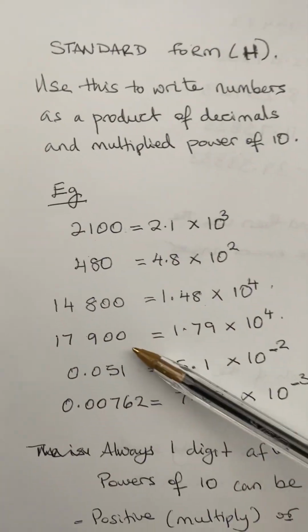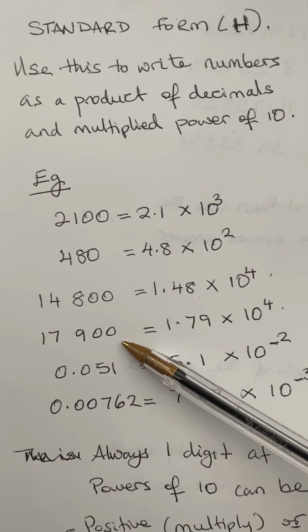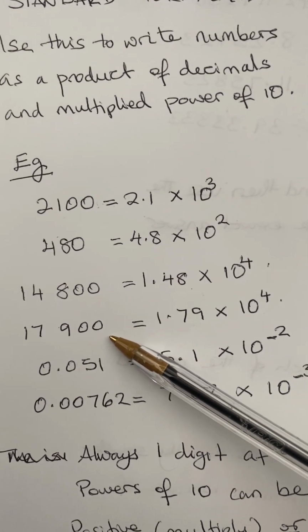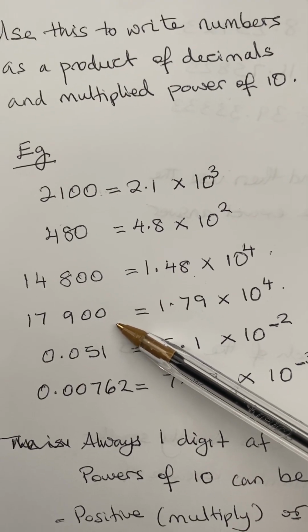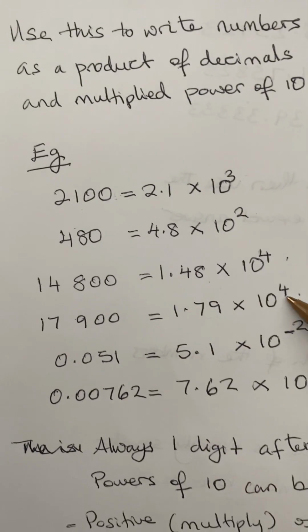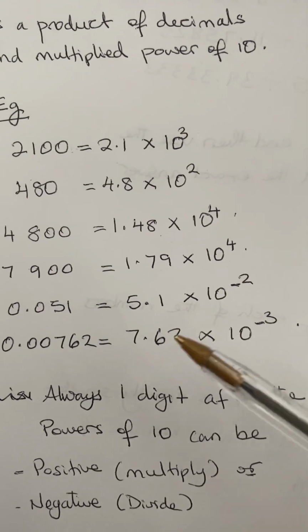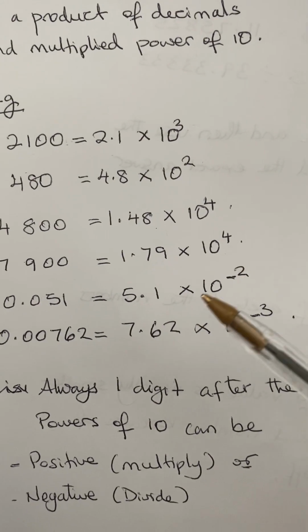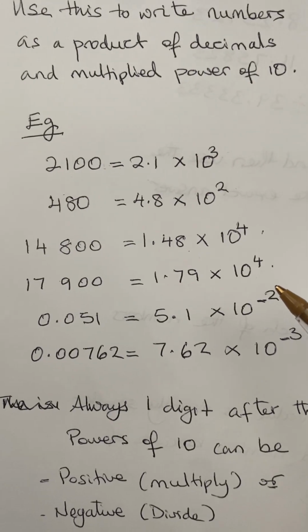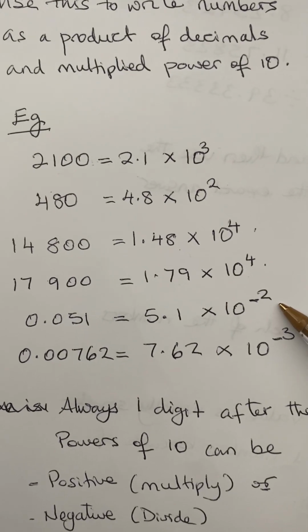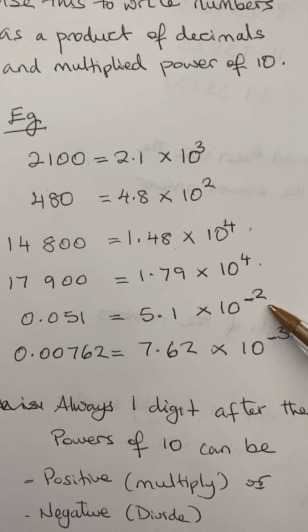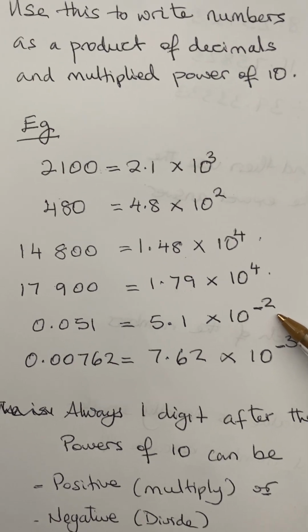Now these are whole numbers greater than 1, so we should expect positive powers of 10. Now when you are using decimals, you would know that decimals are always less than 1, so you have to expect negative powers of 10.